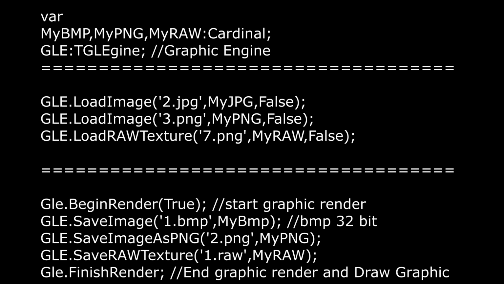The path is written either as a string of text in single quotes or as a variable of type string. If the given file and path do not exist, they will be created if possible, including folders and the file itself. Next, a variable of type cardinal is specified, which stores a link to the image that needs to be saved. The image will be saved in BMP format with a color depth of 32 bits.